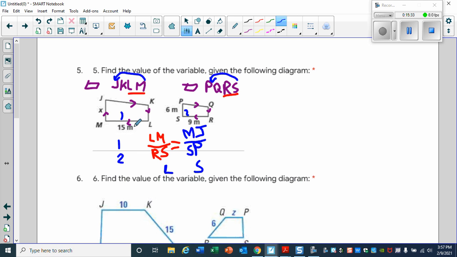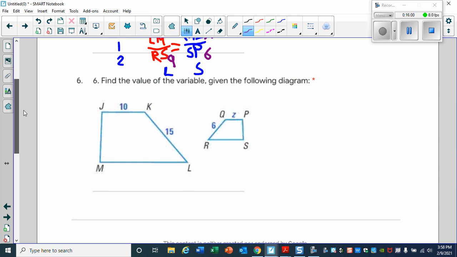You could also have gone longer, shorter, 1, 2. That could have worked as well. There's multiple ways. Of course, we know LM is 15. R to S is 9. S to P is 6. But we don't know this last one. But now you have your setup. You can find it.